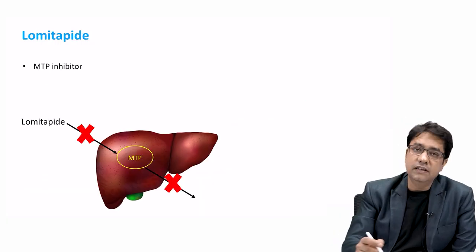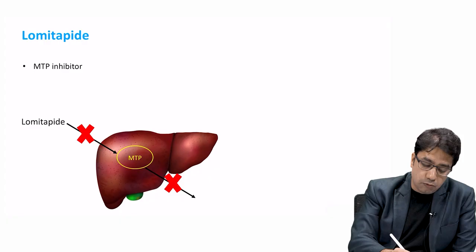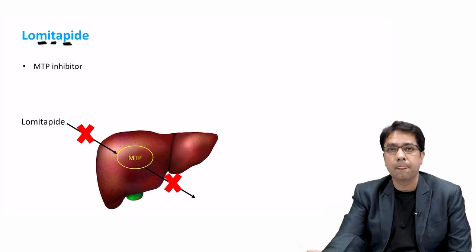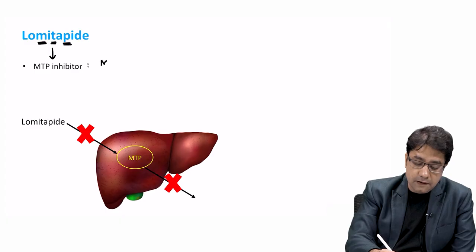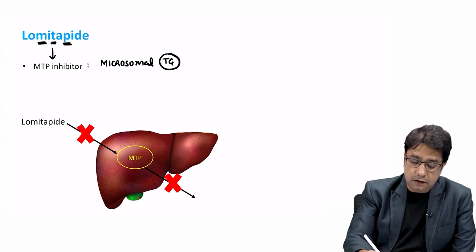Now the next drug we have is lomitapide. In lomitapide you can see the MTP word is coming. So lomitapide is an MTP inhibitor. MTP stands for microsomal triglyceride transfer protein.